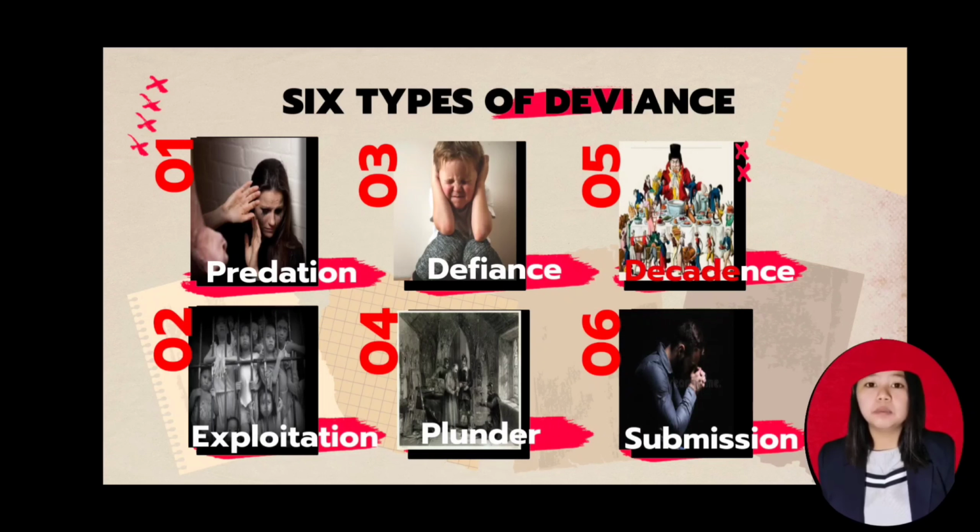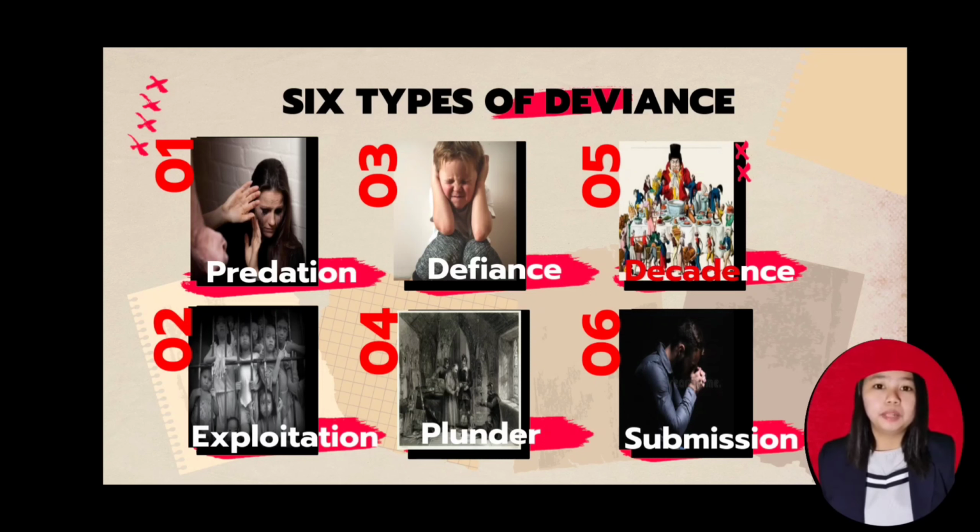First is depredation. It is defined as direct acts, including physical violence, manipulation, and anything that does not care about the victim's well-being. Second is exploitation, which means indirect predation. Third is defiance, which means the indifference of an individual to another.